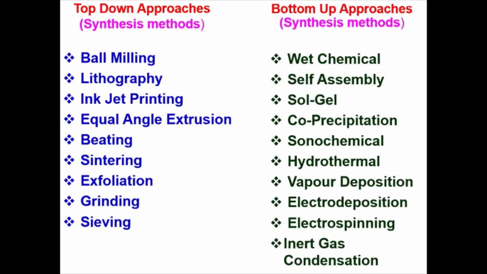I have classified some of them. There are many more methods coming as modifications of these routes, or special routes applicable to new materials. But the top-down and bottom-up approaches are classified mainly by these classifications.